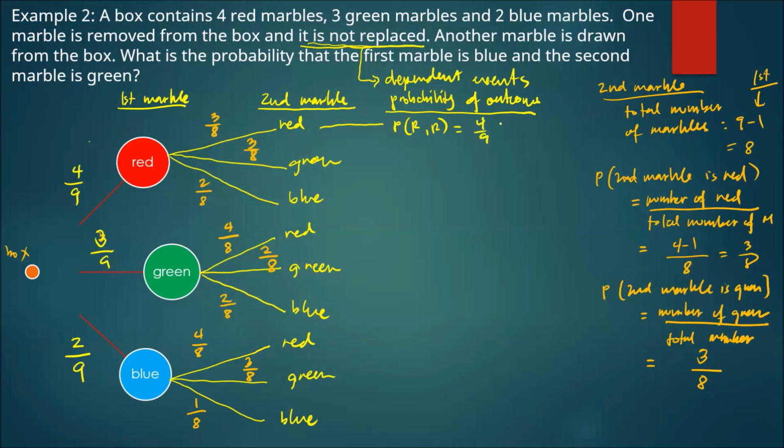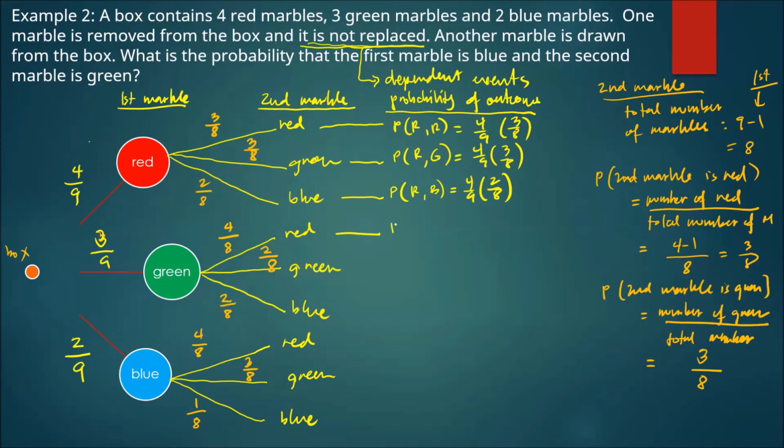So that's 4 over 9 times 3 over 8. Okay. Probability that the first marble is red and the second marble is green would be 4 over 9 times 3 by 8. And the probability that the first marble is red and the second marble is blue is 4 by 9 times 2 by 8.